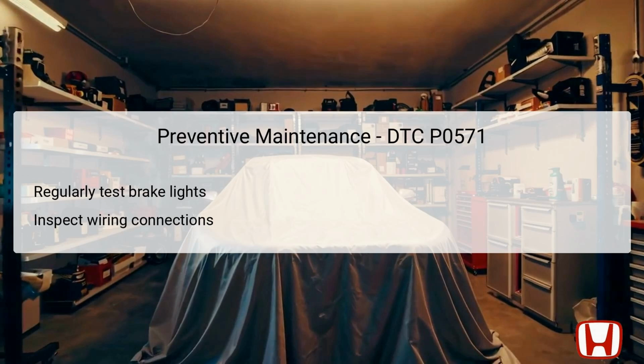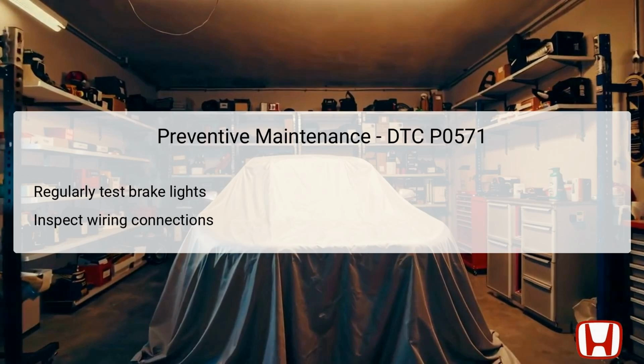Preventive maintenance plays a significant role in avoiding recurrent issues with DTC P0571. It is advisable to routinely test the brake lights for proper operation as part of regular vehicle maintenance. Any signs of delayed response or malfunction should be investigated promptly to avoid serious safety issues.